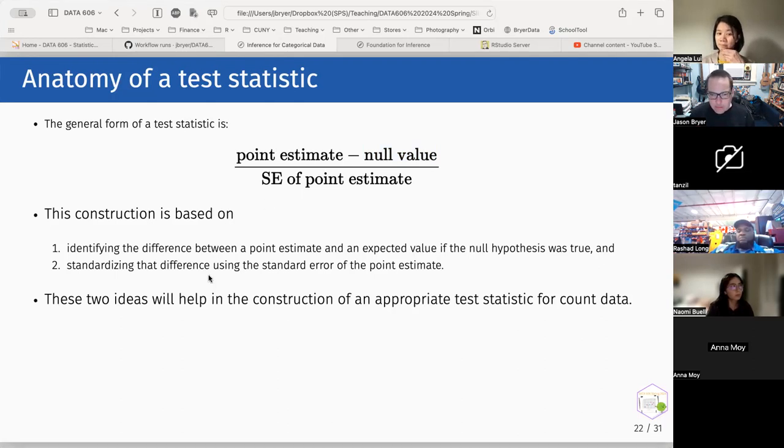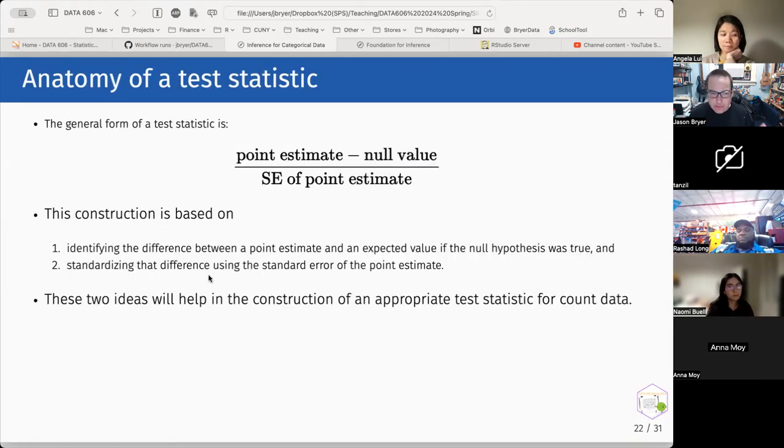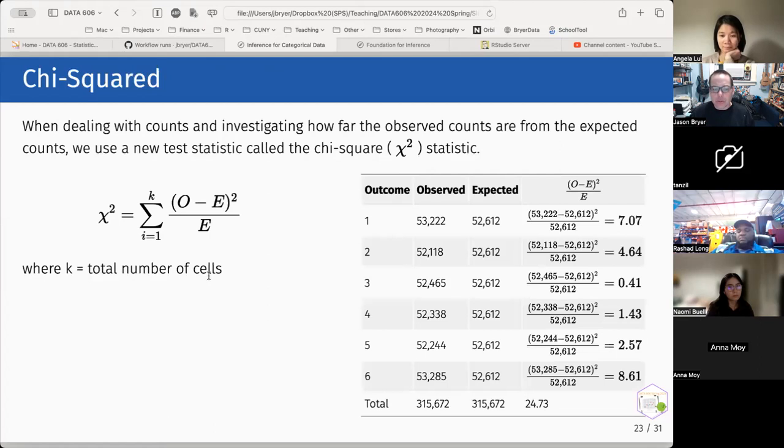All right, let's move on. The test statistic for count data that we're going to use is called the chi-squared, and it is defined by this formula. We take the observed value minus the expected value, squared, over the expected value, and we sum that for all of our cases or outcomes.